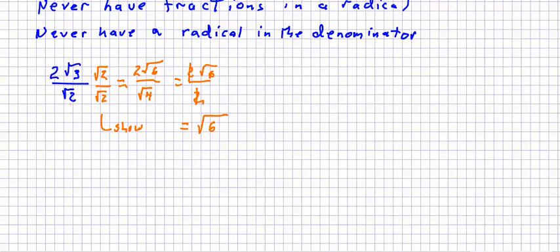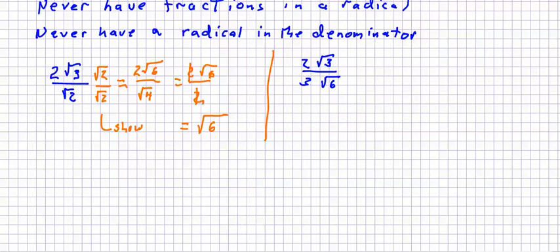Now what happens when we have something like 2 square root of 3 over 3 square root of 6? Before we multiply numerator and denominator by what's in the denominator, simplify if you can. Nothing cancels with the 2 and the 3.